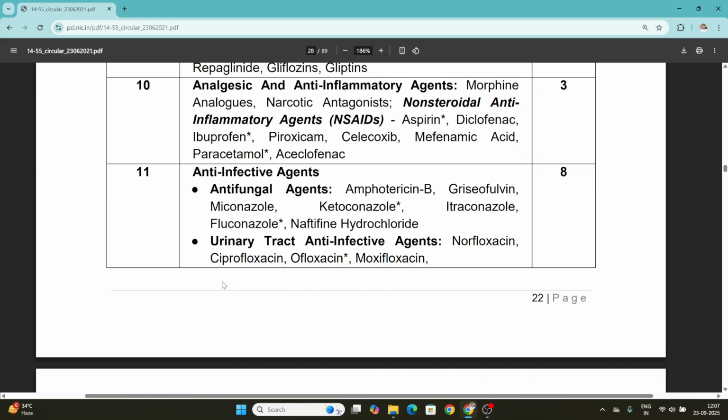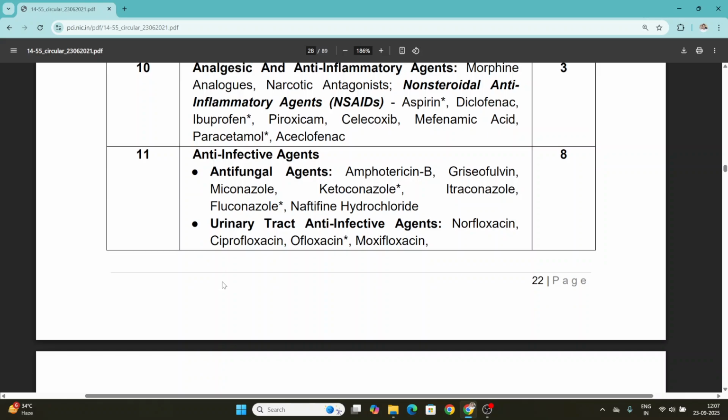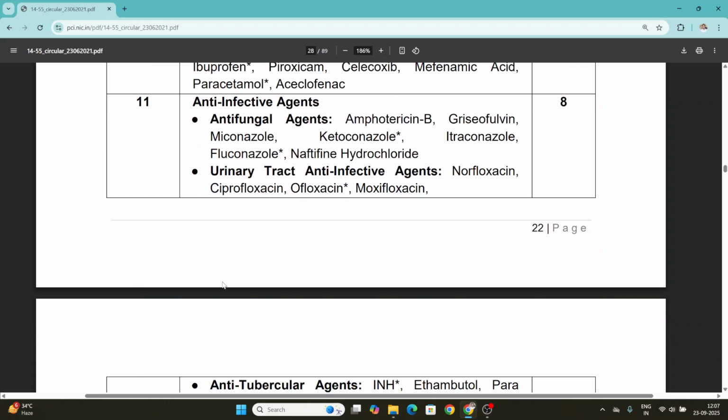Chapter 11, anti-infective agents. Antifungal agents: amphotericin B, griseofulvin, miconazole, ketoconazole, itraconazole, fluconazole, naftifine hydrochloride. Urinary tract anti-infective agents: norfloxacin, ciprofloxacin, ofloxacin, moxifloxacin.